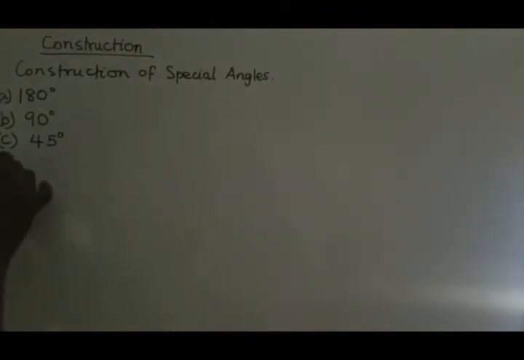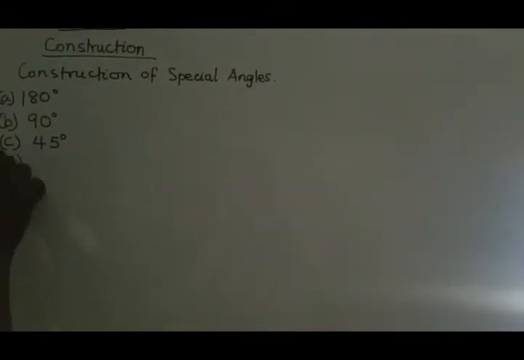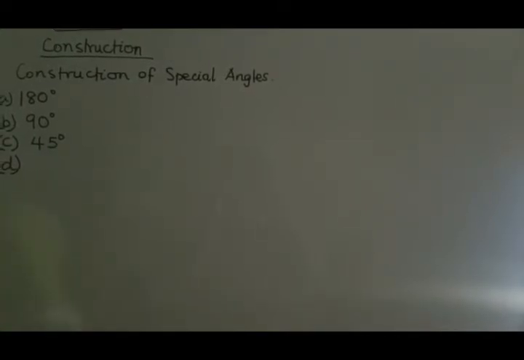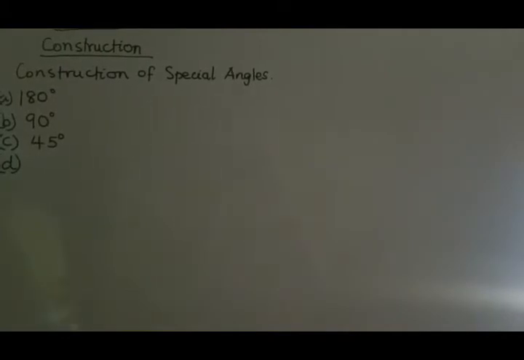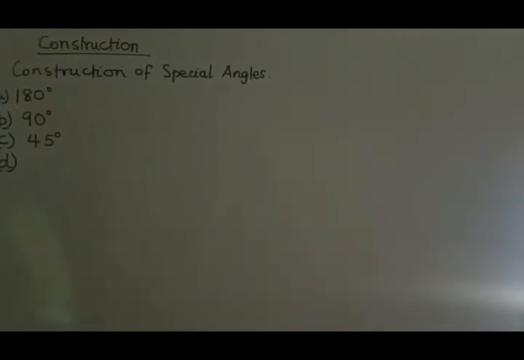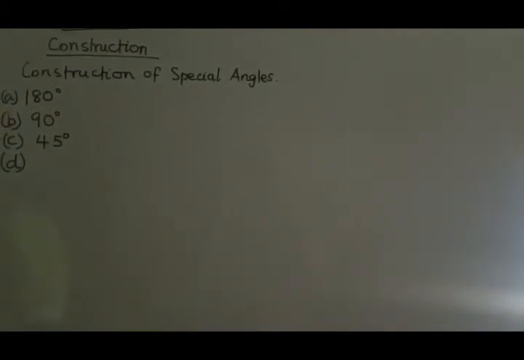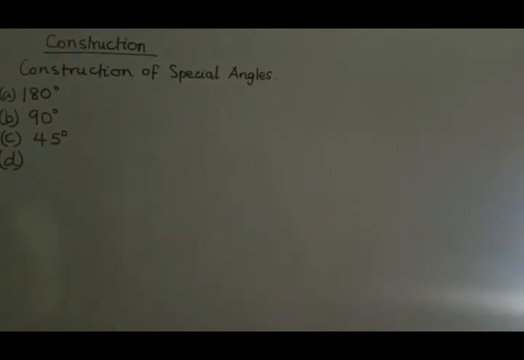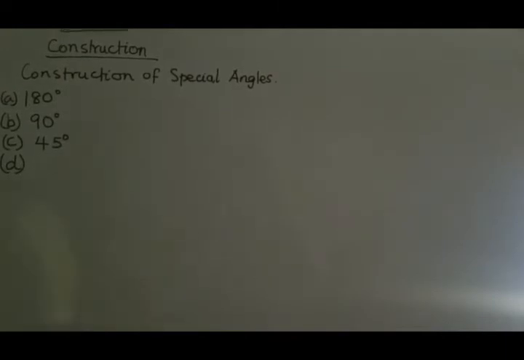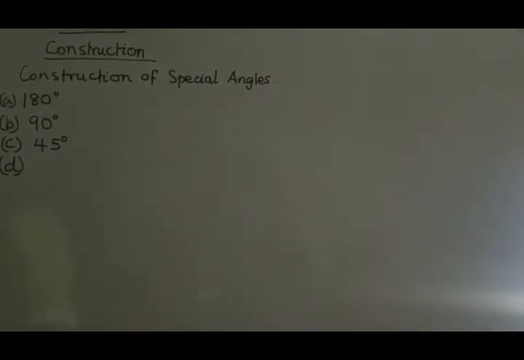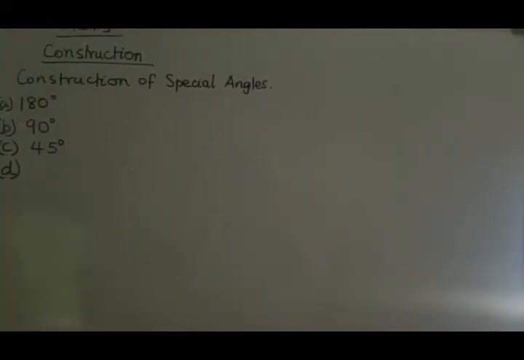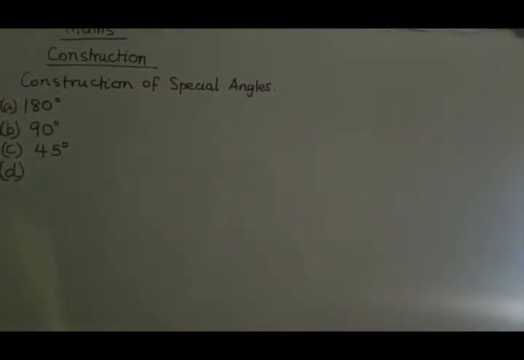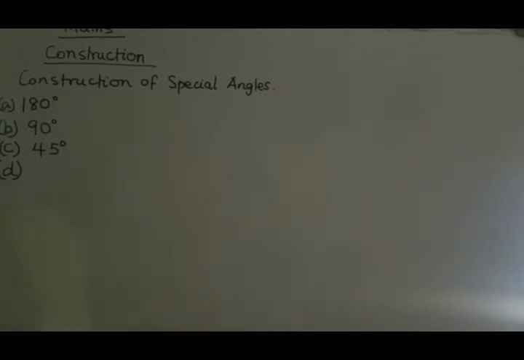And also we can do something with 180 degrees. We can trisect. That means dividing 180 degrees into three equal parts. That is not bisect. I said trisect. That is dividing an angle into three equal parts. So if we divide 180 degrees into three equal parts, that is 180 divided by 3, we are going to get 60 degrees.